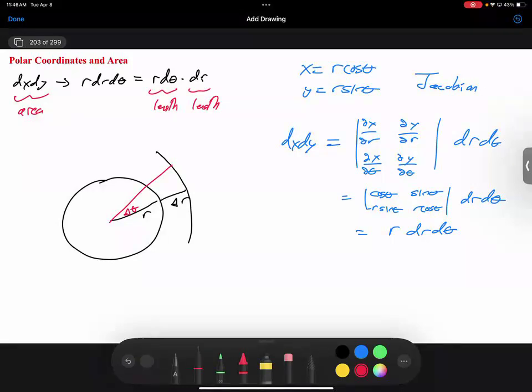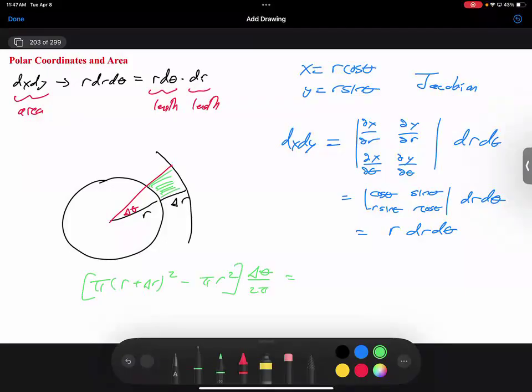And we want to calculate what is this extra area. If we want to calculate that, it's going to be pi times r plus delta r squared minus pi r squared. And then what fraction of that annular ring do we have? Delta theta over 2 pi.